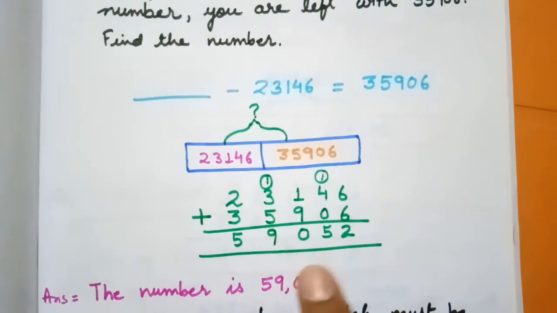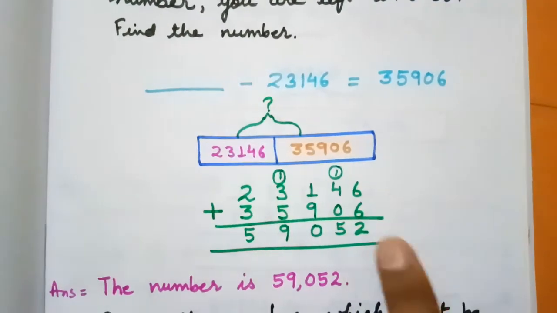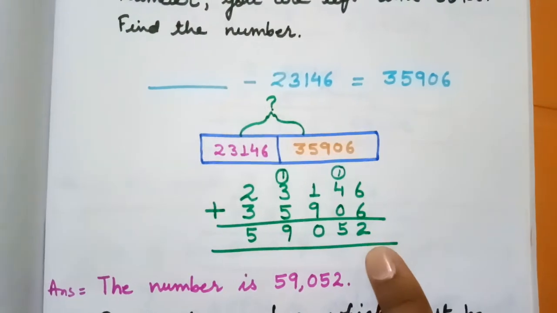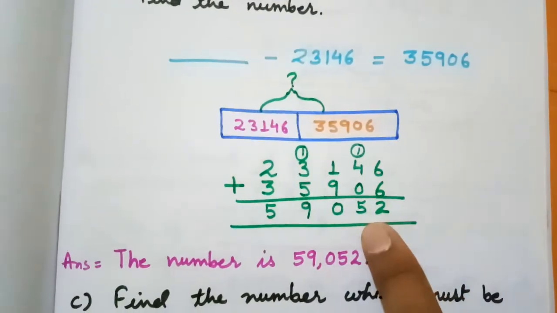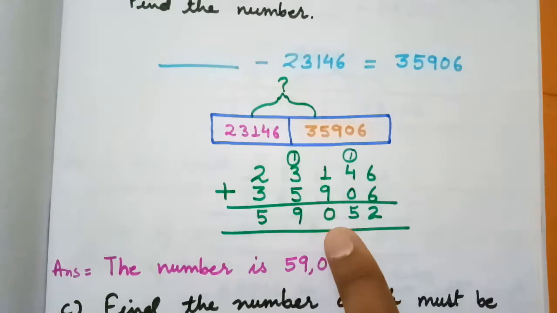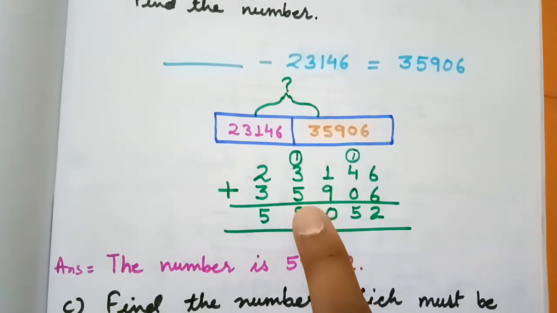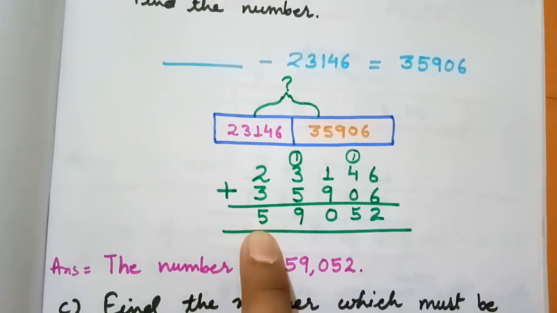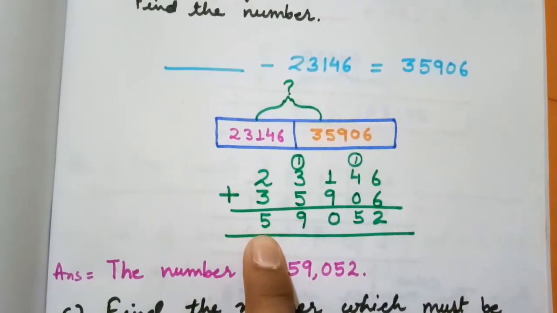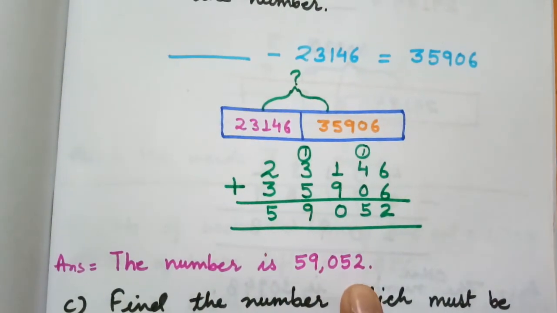That means we are going to add these two numbers. 6 plus 6 is 12, carry 1. 1 plus 4 is 5. 1 plus 9 is 10, carry 1. 1 plus 3 is 4. 4 plus 5 is 9. Then 2 plus 3 is equal to 5. That means the number is 59,052.